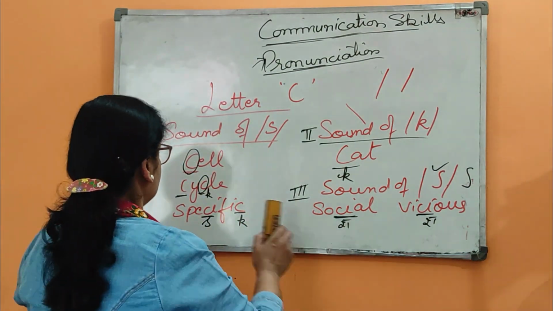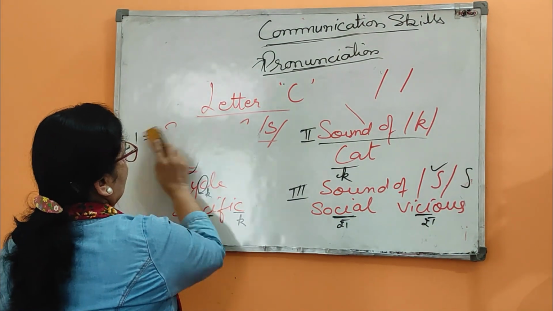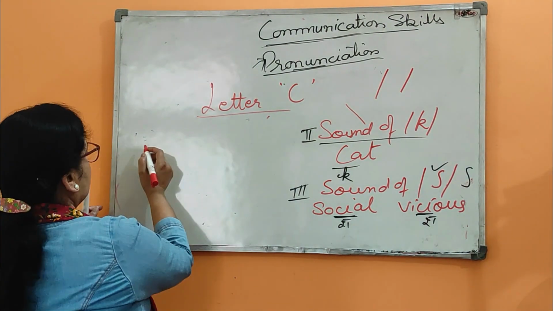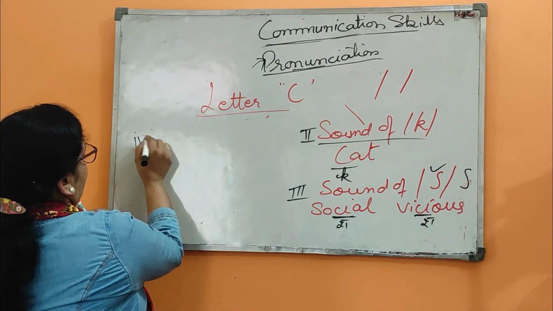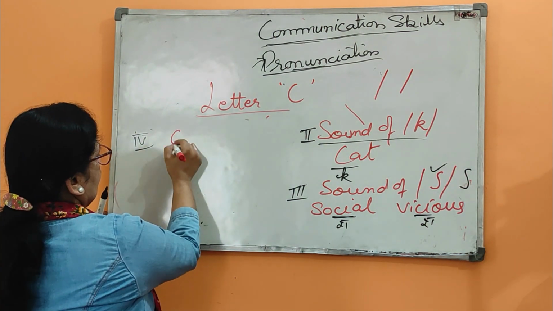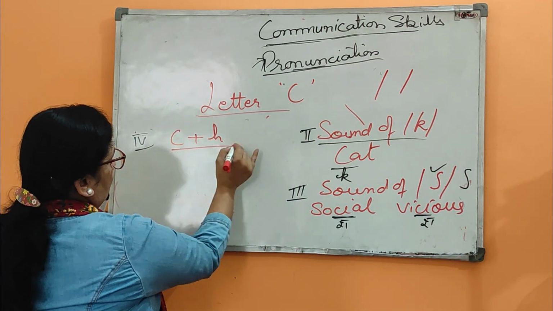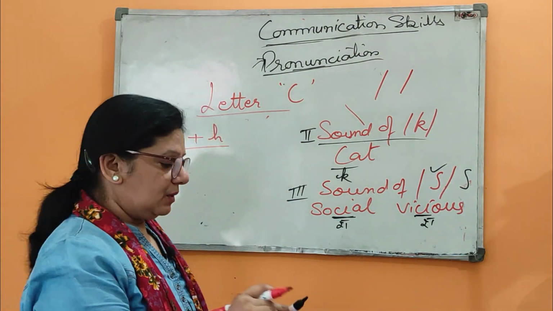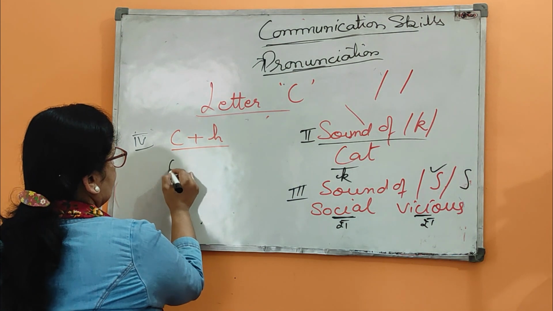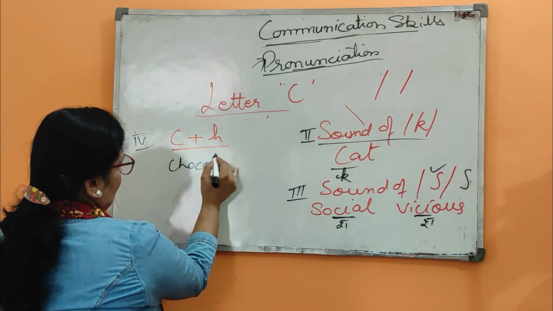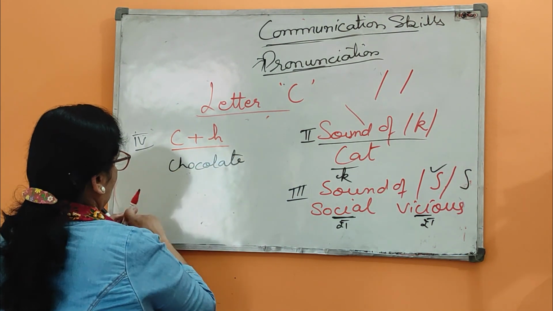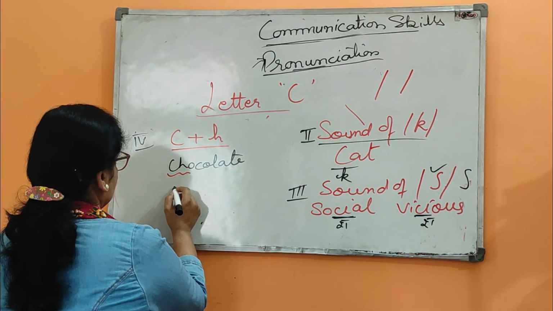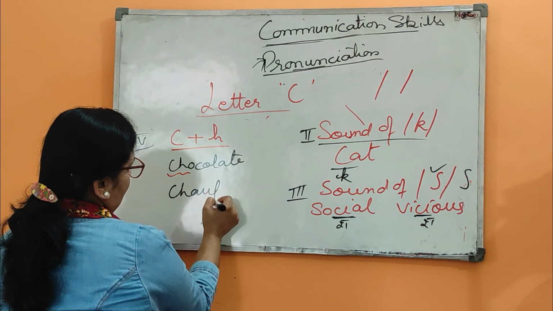More sounds concerning C. This is the third one. Now I can come to the fourth one. The fourth sound is of the combination of C and H. When C is combined with another letter, there are two types of sounds. One is CH, like chocolate. It is the sound of CH, chocolate. Then I say chauffeur.